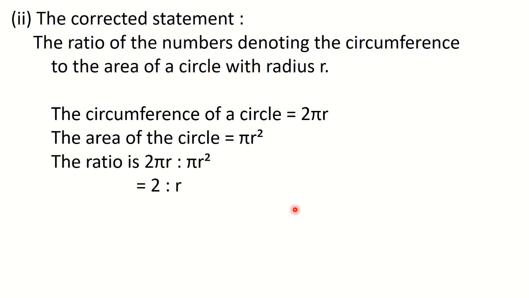So let us write down that the ratio is 2 pi r is to pi r square. You can see here pi and pi get cancelled. Also one r gets cancelled, and therefore the ratio is 2 is to r. Complete it. And question number 3 and 4, as I have explained, you will solve by yourself.